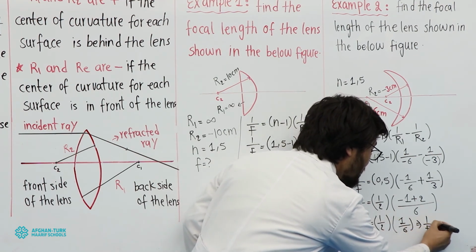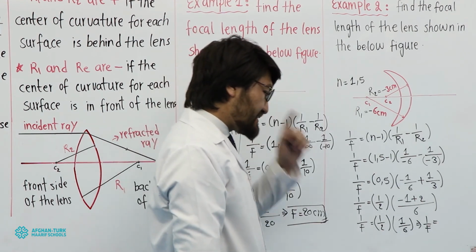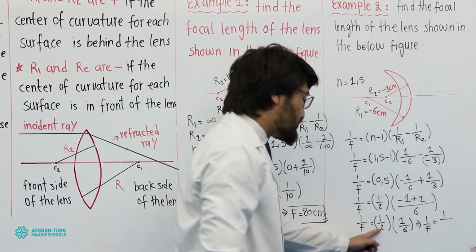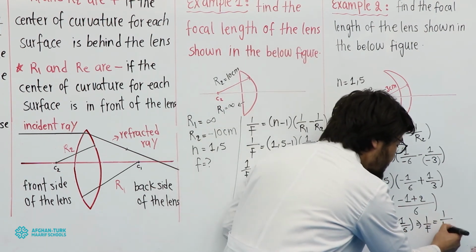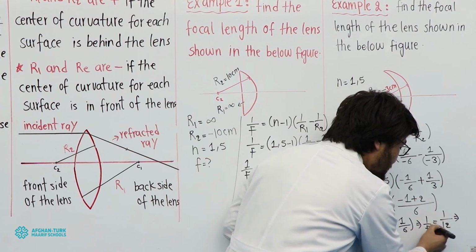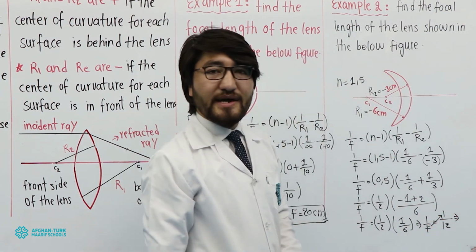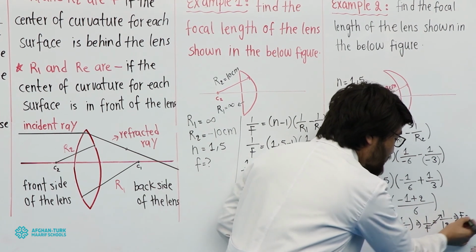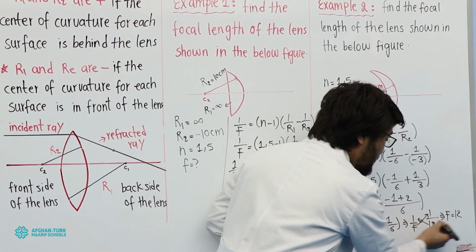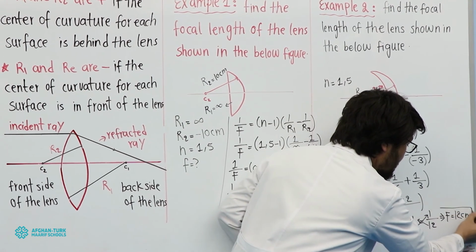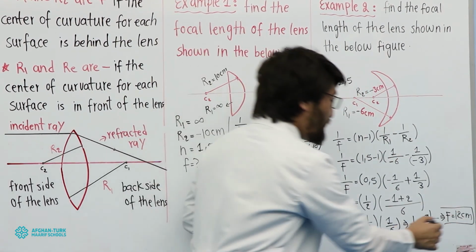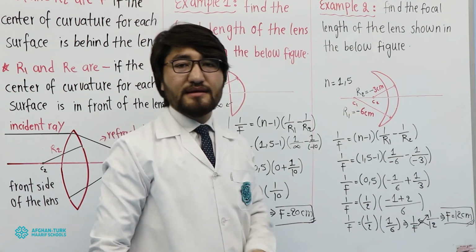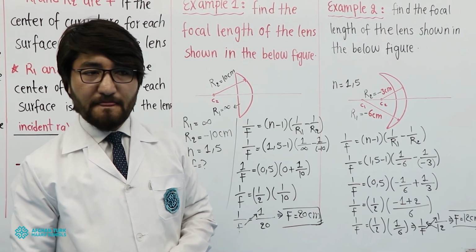We simplify: 1 times 1 is 1, and 2 times 6 is 12. Now we multiply: f times 1 is f, and 12 times 1 is 12. So 12 centimeters. We found the focal length of this lens is 12 centimeters.